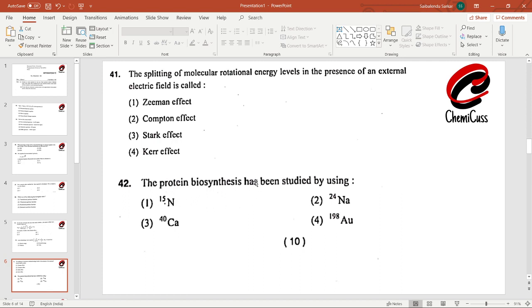This is called radioactive labeling. So for protein biosynthesis, we know that every protein or molecule present in a biological system consists of nitrogen atoms. That's why we label this nitrogen atom in a radioactive manner. That's why 15 nitrogen can be labeled, and we can find out the mechanism from this.